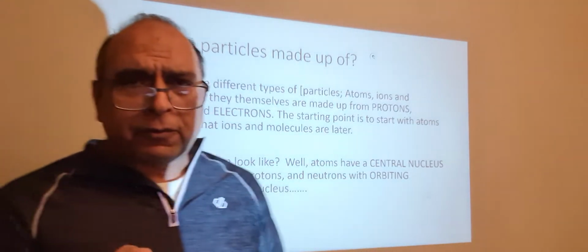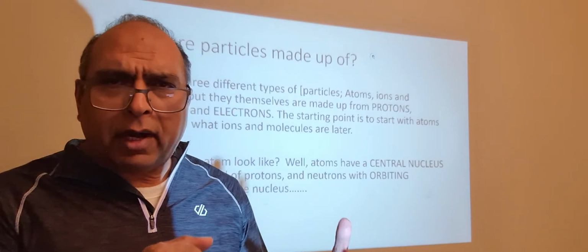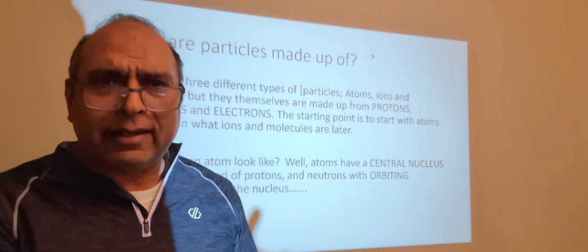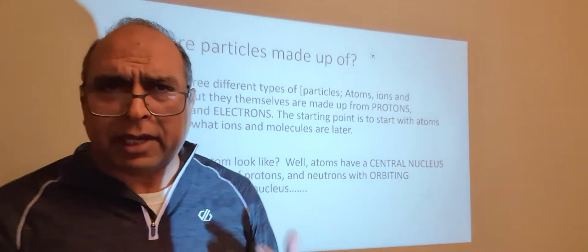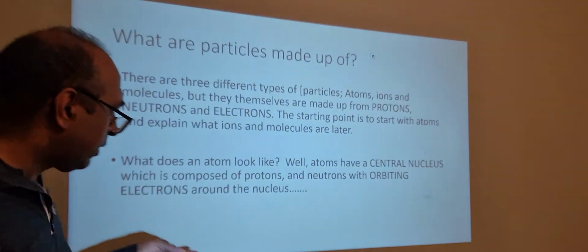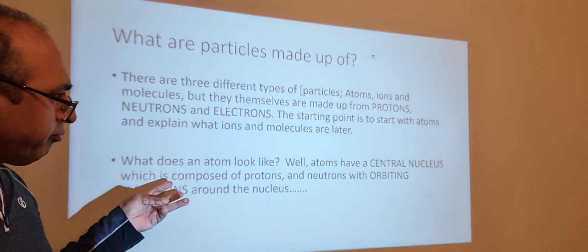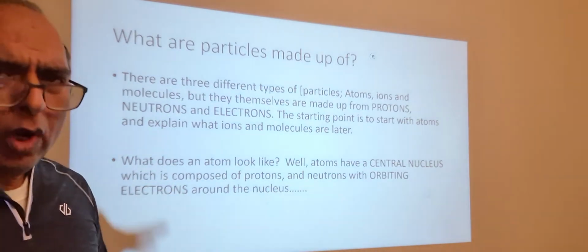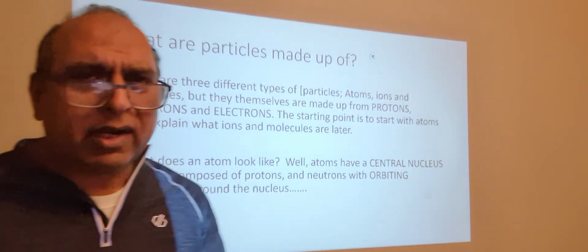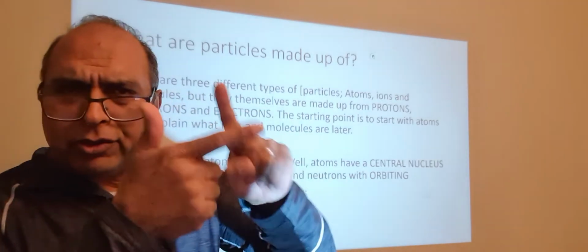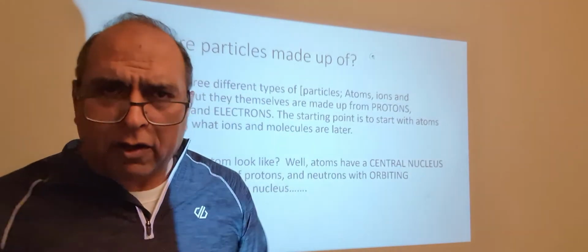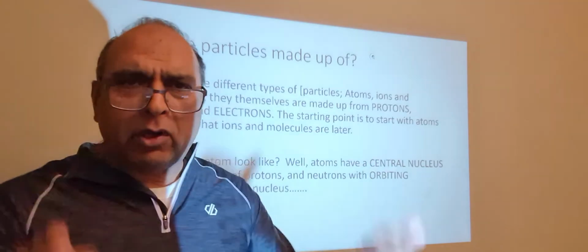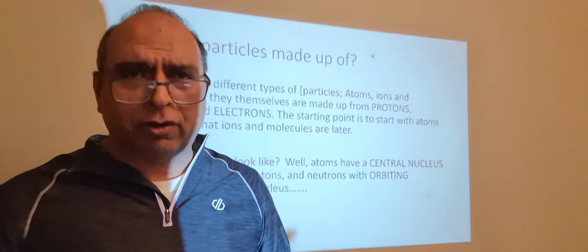We'll get into what molecules are and atoms are exactly and what ions are later. And I'm going to mention atoms in this video. Well, what do atoms themselves look like? So we're talking about protons, neutrons, electrons make up atoms. And the atom is the starting point for understanding molecules and ions and particles overall.